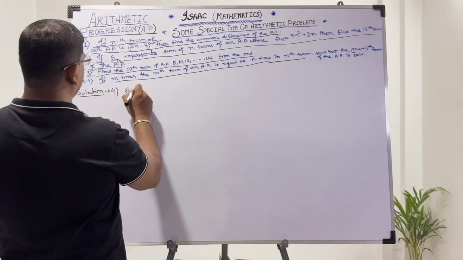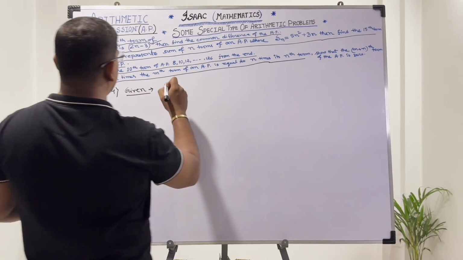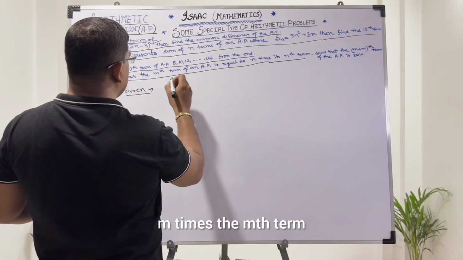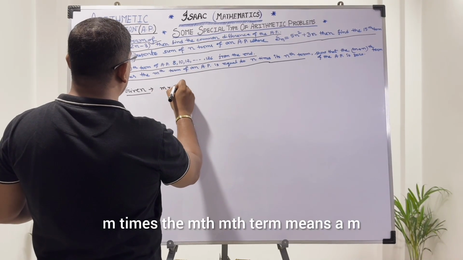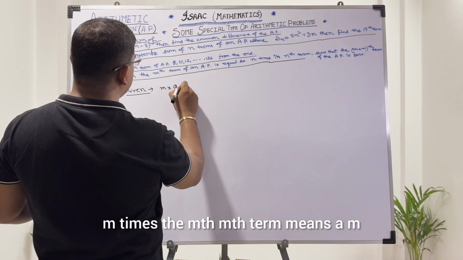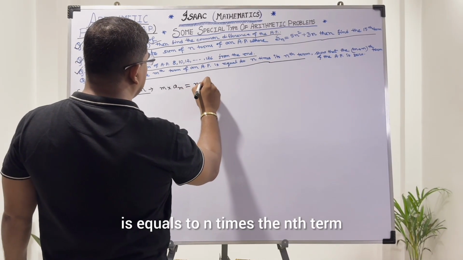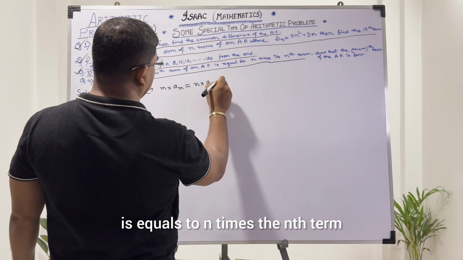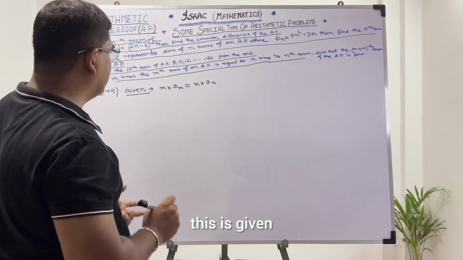Given m times the mth term, m times the mth term means m am is equals to n times the nth term. Okay, this is given.